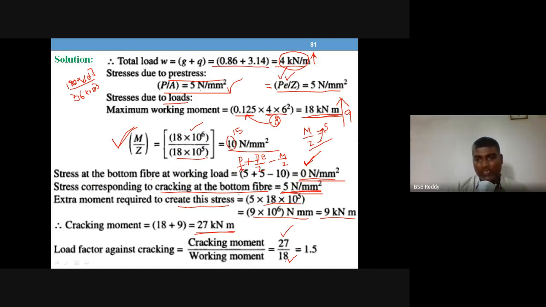So 18 is the working moment. So the load factor is 1.5. Load factor denotes the moment required for developing the crack. That is, the ratio of cracking moment to working moment is the load factor against cracking. So this is the example which clearly explains the cracking moment.